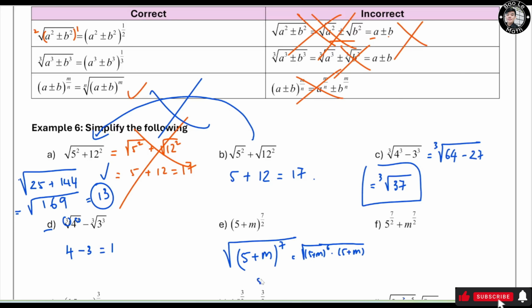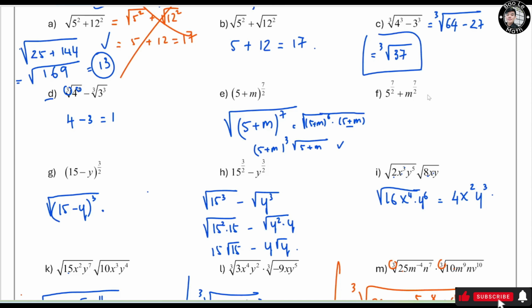So it's going to be (5 + m)^(6/2). It could be 3 times the square root of this guy right here, 5 + m, right? This guy can be written as the square root of 5^7 + the square root of m^7, right? So it's going to be the square root of 5^6 times 5 + the square root of m^6 times m, right?